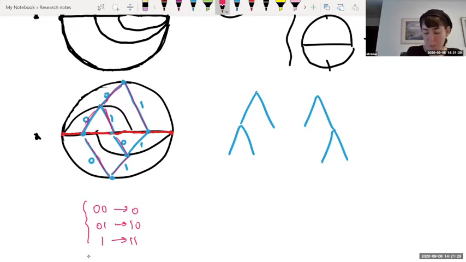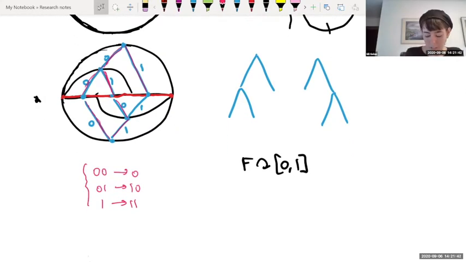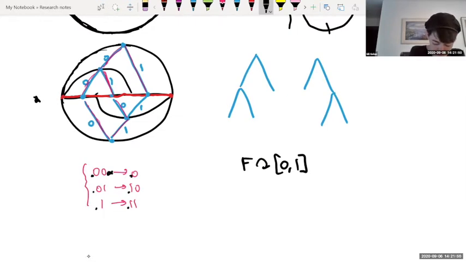Now, perhaps the most common description of elements of F is in terms of the action of F on the interval [0,1]. Okay, so elements of F can be viewed as homeomorphisms of the interval [0,1]. And to see the function given by this diagram, all we have to do is add points here and alphas at the end. And now every number in the interval [0,1] can be written in binary form as 0.ω, where ω is an infinite binary word.